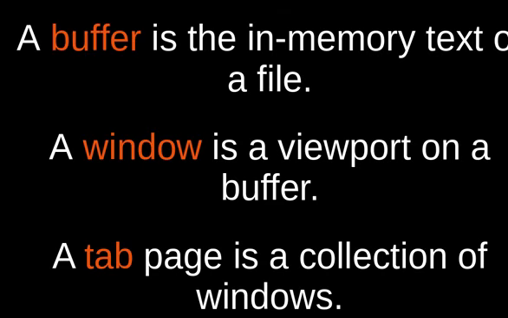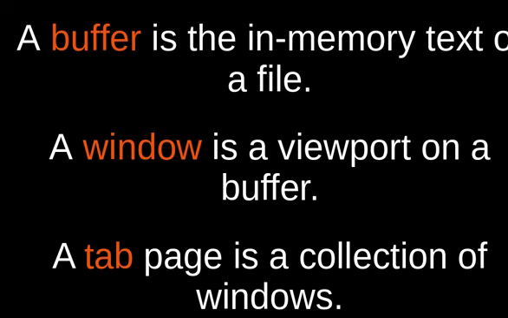A buffer in Vim is just the in-memory text of a file you edit. A window is just a viewport on a buffer you edit. When you have an open Vim session and you edit a file, then you have your window. A tab is basically just a collection of different windows.